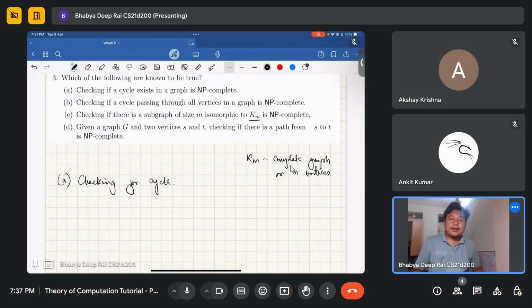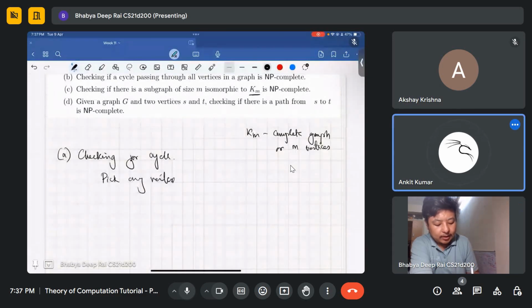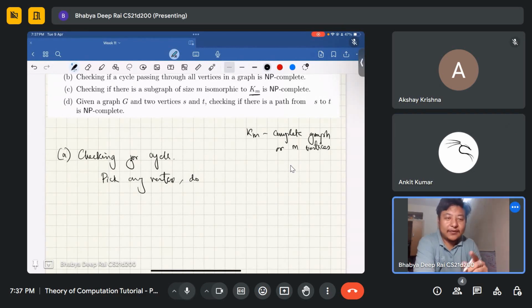Okay, what I'll do is as follows. Pick any vertex. Sir, if we are able to come to the same vertex after following a path, then we are able to find out that there is a cycle. Exactly. After following a path.